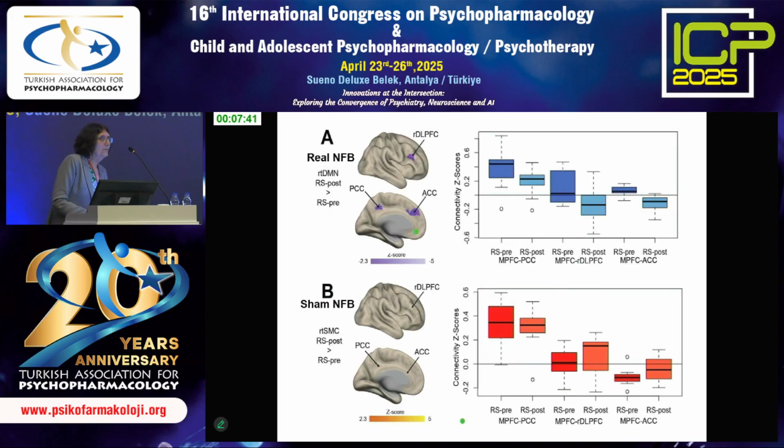So these are the results from this study, where again, in the real neurofeedback condition, we observe reductions in connectivity between several brain regions, which is MPFC-PCC, MPFC-DLPFC, and MPFC-ACC. And again, this type of reduction is lacking in the sham group.